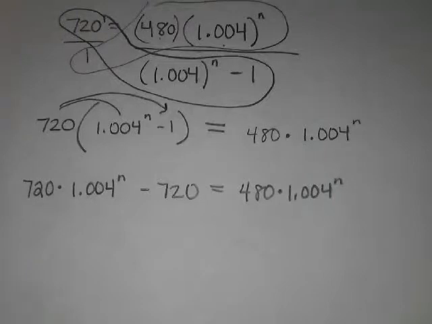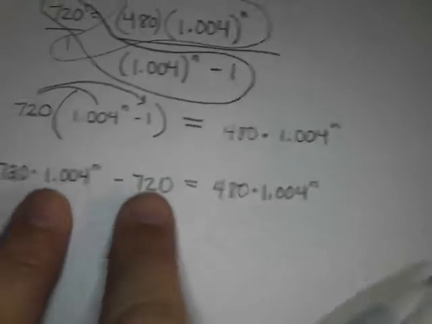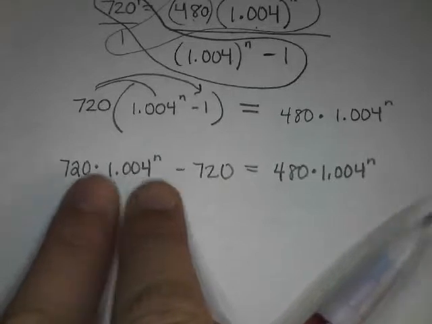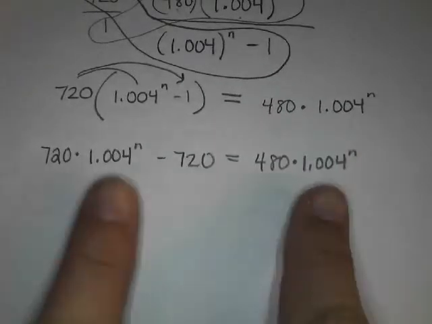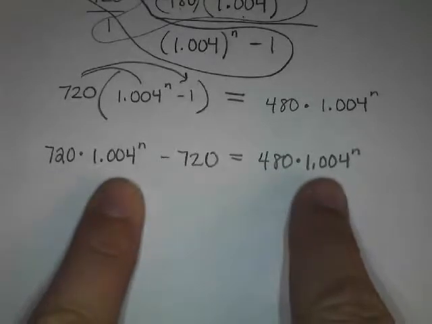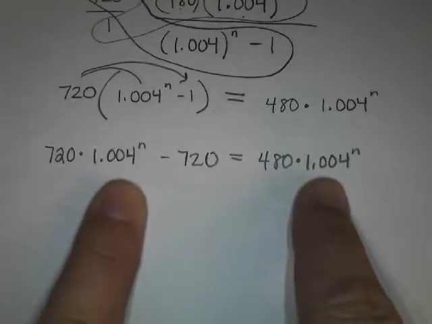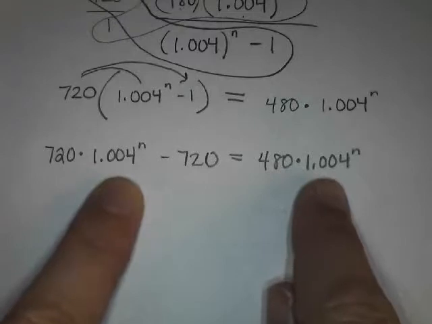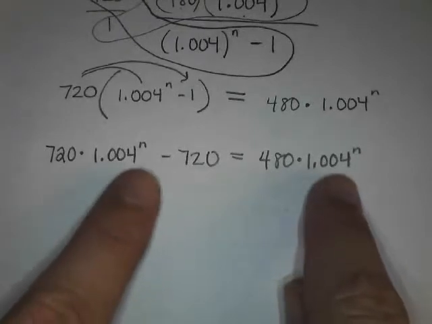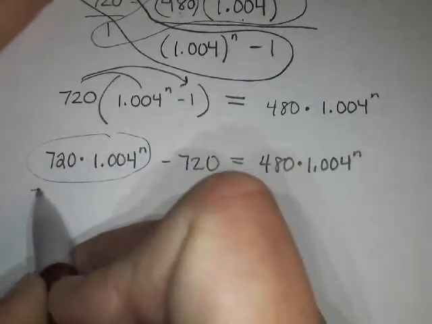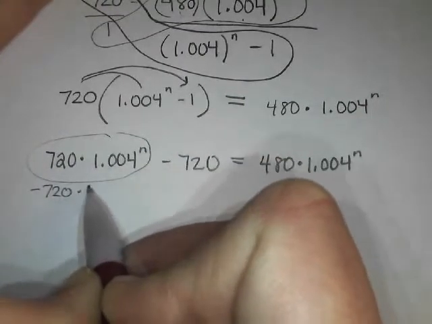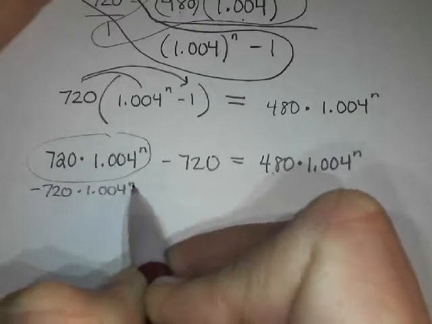Okay? I have two terms on my left. Something minus 720 equals something. These are the two terms that both have that 1.004 to the nth power in them, which is going to be clutch for us here in a second, that that's the same base, because I'm going to subtract this over. Subtract 720 times 1.004 to the nth.